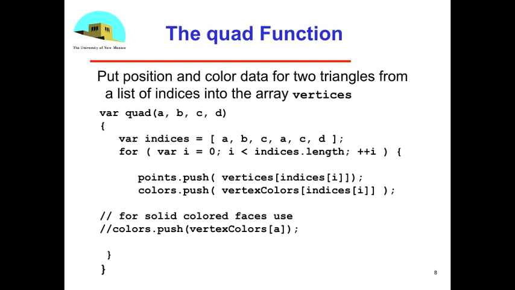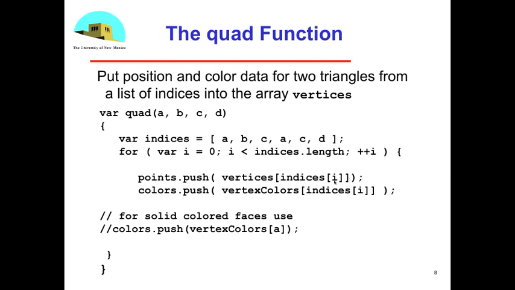And I'm going to now say for these, and how many are there? There's 6. Again, using the JavaScript length function for the array, it says, okay, for each of those, I'm going to push a vertex onto the point stack, and I'm going to push a color onto the color stack, and that's it. And now, which vertex am I going to push?